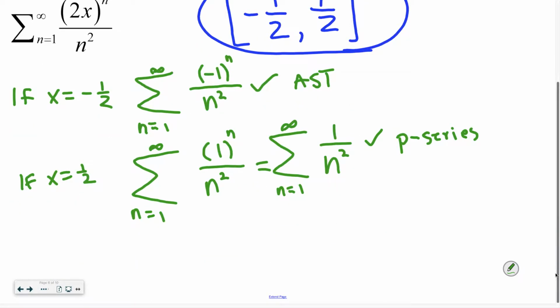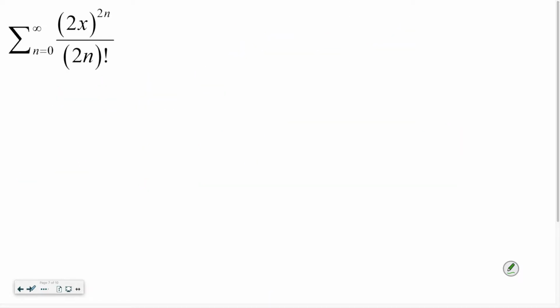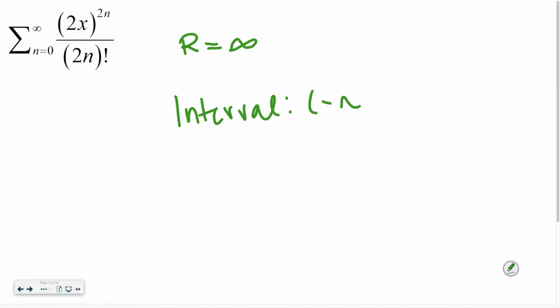We're going to talk about the second example's interval of convergence. What was the radius of convergence for example number 2? Infinity. So what's our interval? Negative infinity to infinity. You should get excited about that.